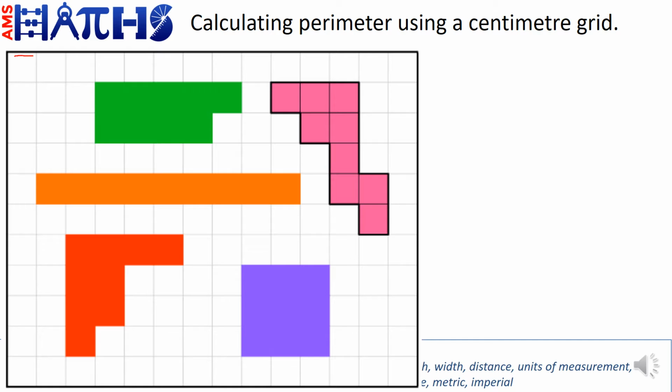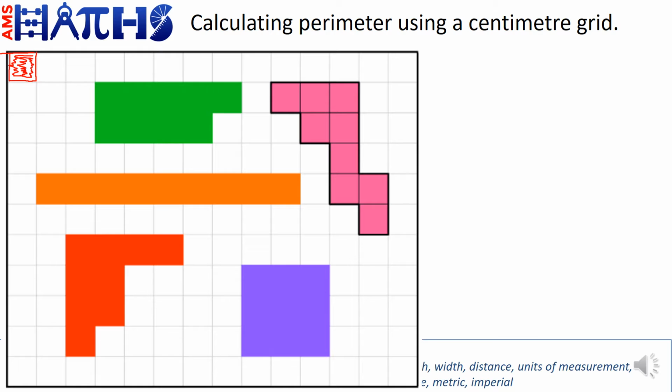So, if we look at this square that I'm shading in, each length on the square going down, that's 1 centimeter, coming across 1 centimeter, going up 1 centimeter, across again 1 centimeter.